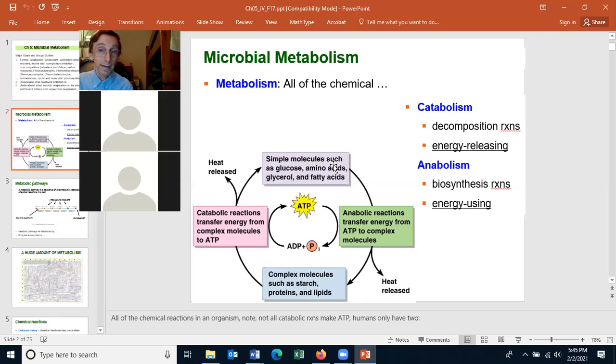And then anabolism is the reverse, taking the smaller molecules and making them into the bigger molecules, the more complex molecules.